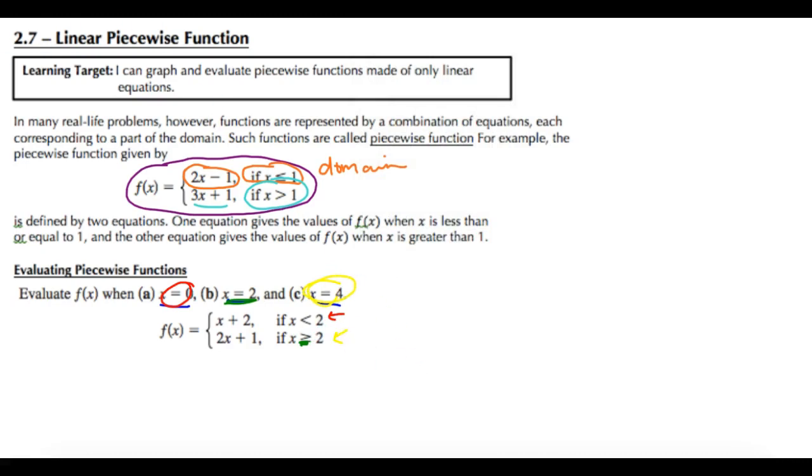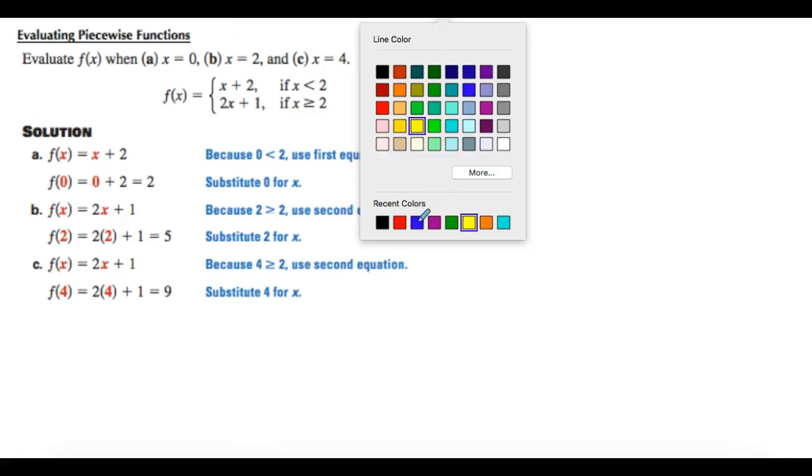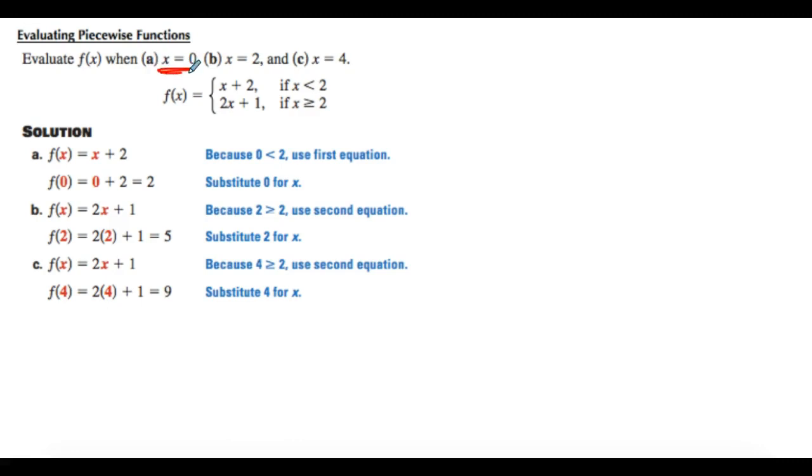So if we look forward, we can see that we have these being evaluated. Like I had mentioned on the previous screen, x equals 0 would fit in the top domain because 0 is less than 2, and because 0 is less than 2, that's the equation I plug it into.